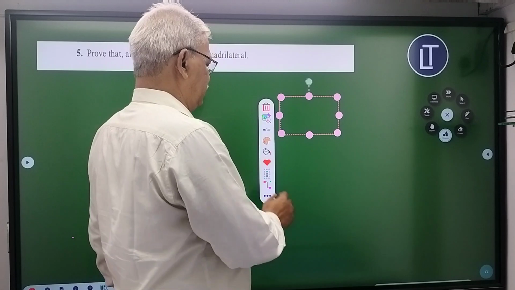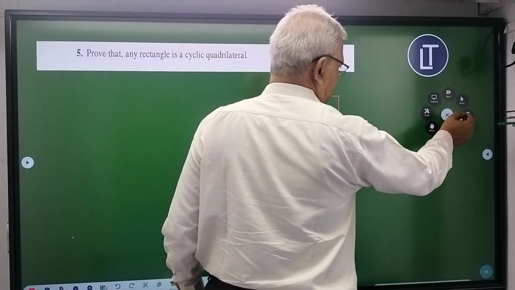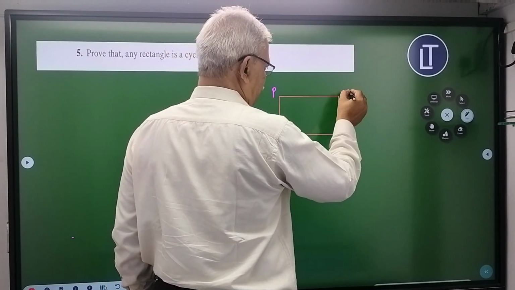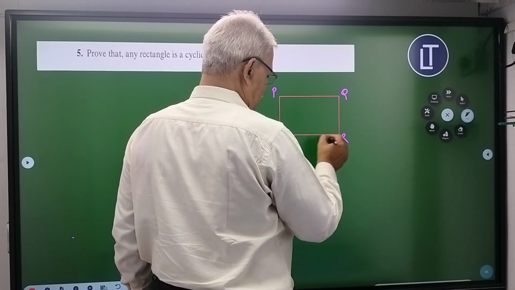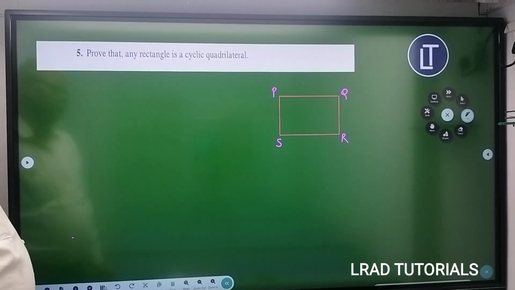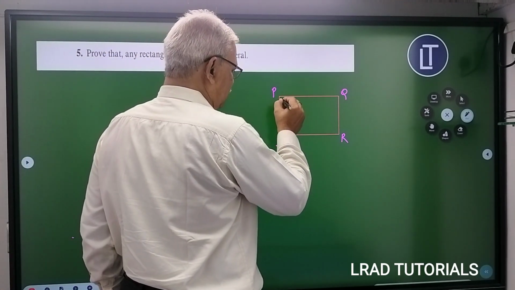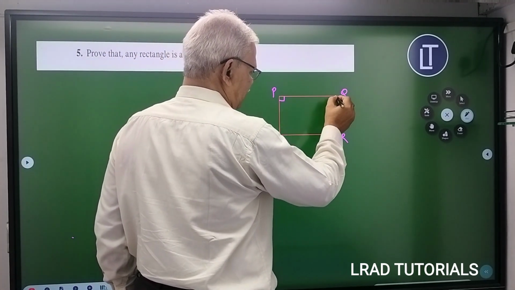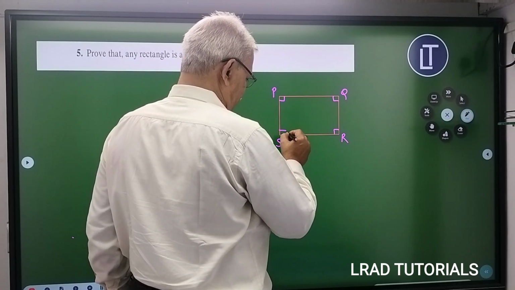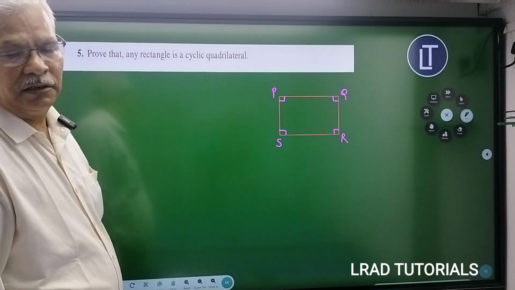Here let PQRS be a rectangle. Okay? Then what happens? You know that all the angles of a rectangle are 90 degrees. All the angles are 90 degrees.